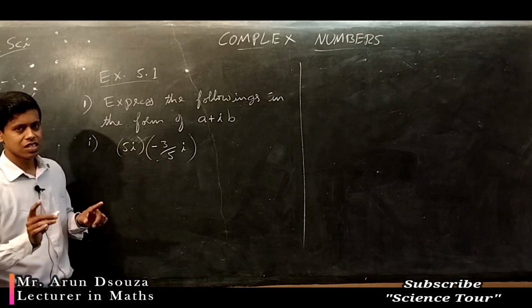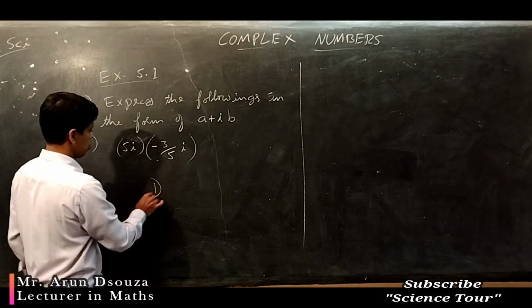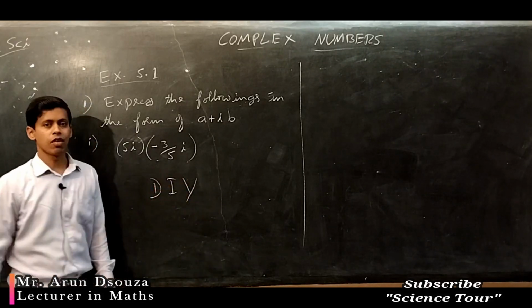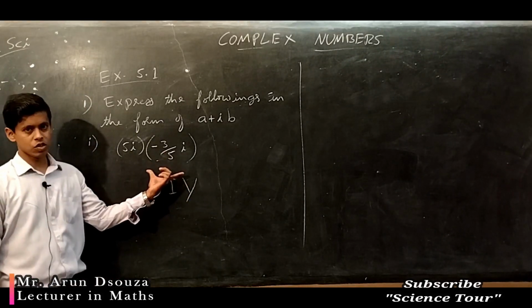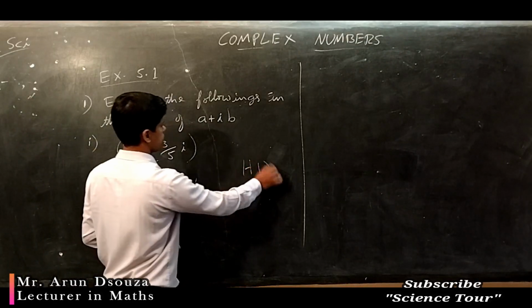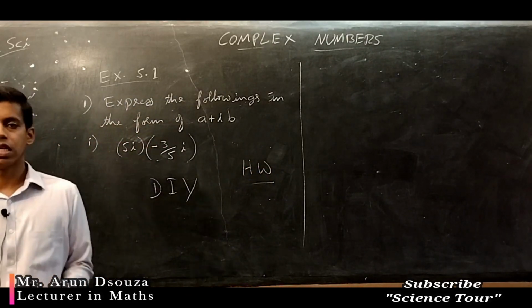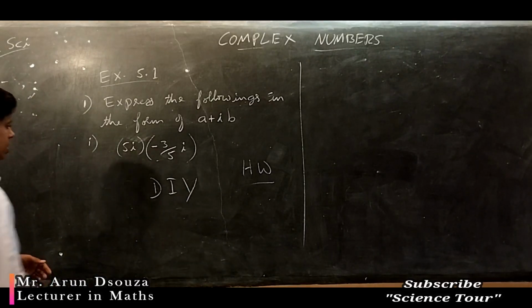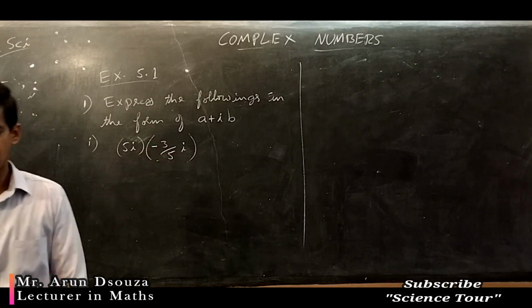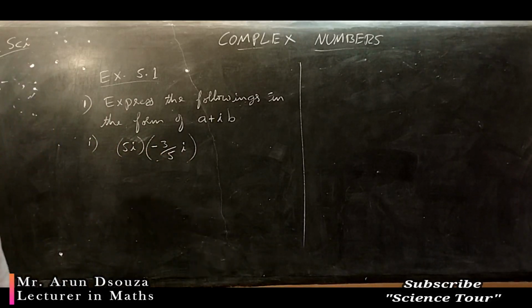So you will do it yourself. Please solve it by yourself. Homework. That is a homework problem for you. That's the easy thing. Just multiply and replace I square in the final answer.